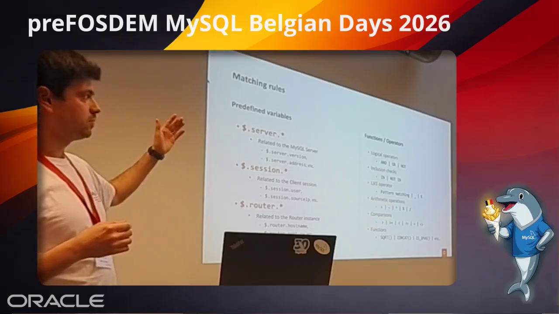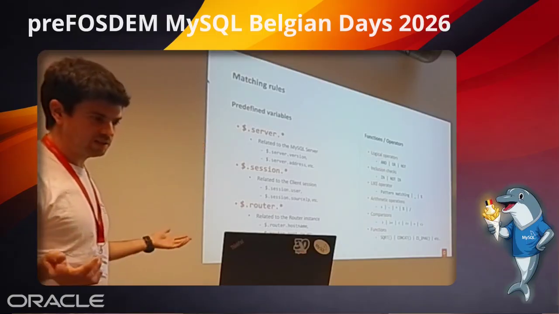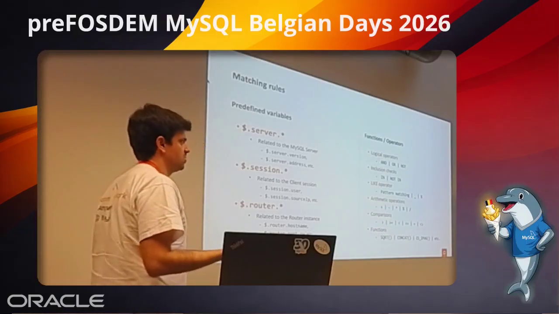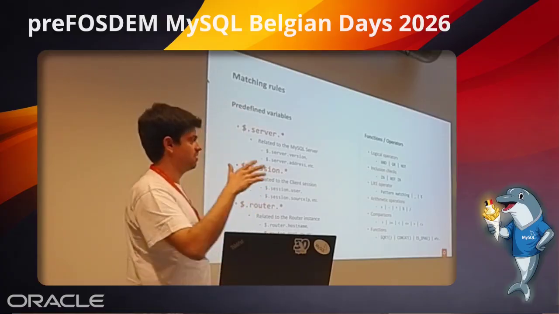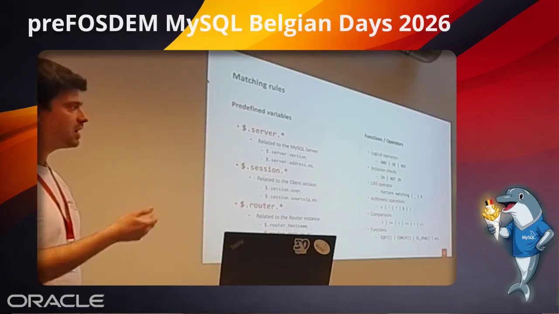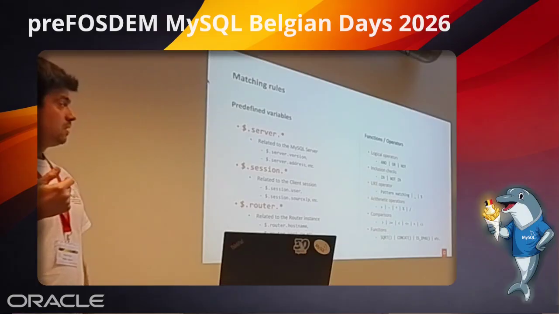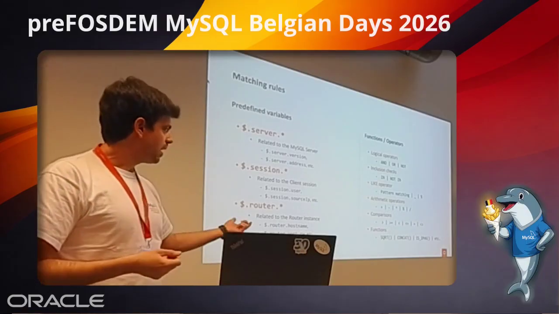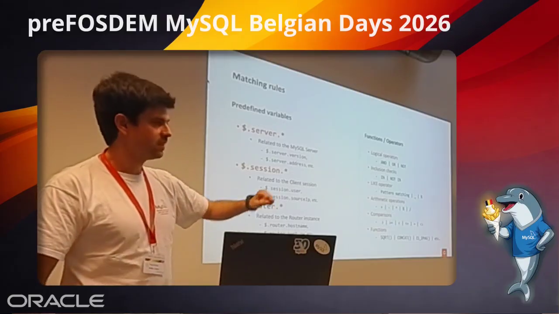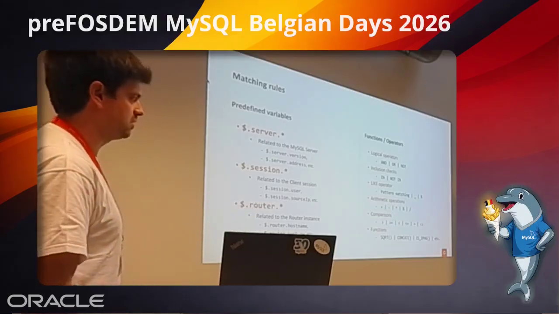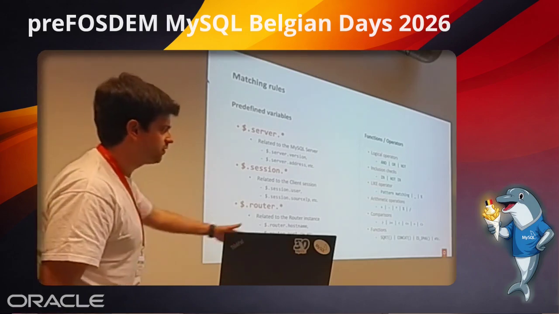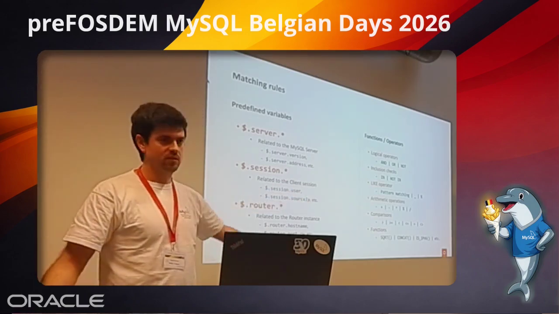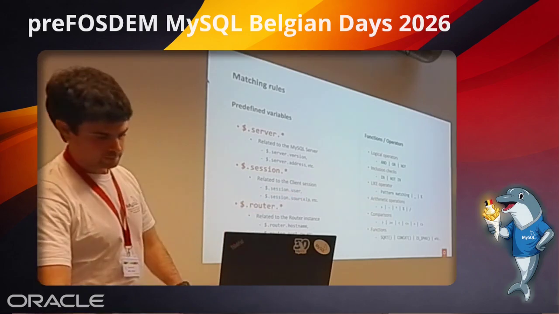Starting from the logical operators, which I think are the ones most used: and, or, not. Inclusion checks. You can use the like operator, you can do arithmetic operations as well, comparisons, and use well-known functions such as concat or check if an IP address is IPv6 and so on.